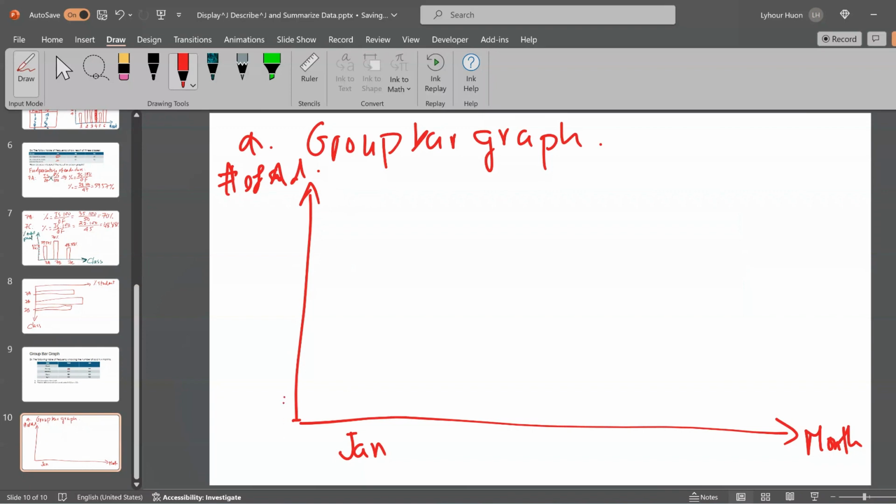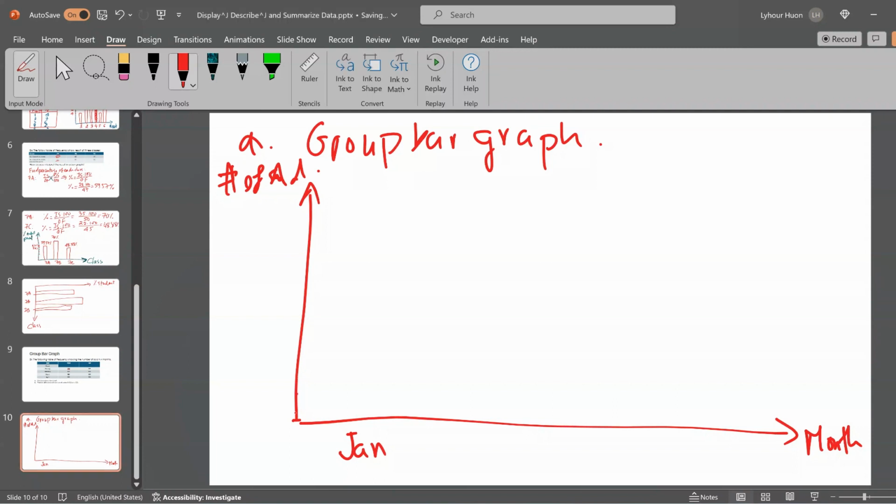When we have 300 as the scale, how should we scale it? We can scale it by 100 or by 50. We cannot scale it from one.